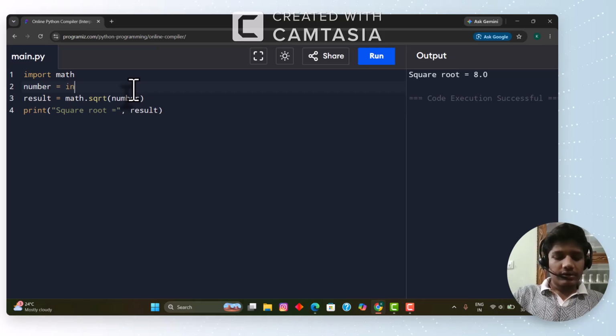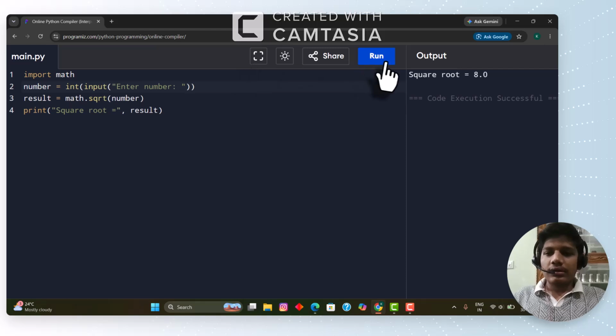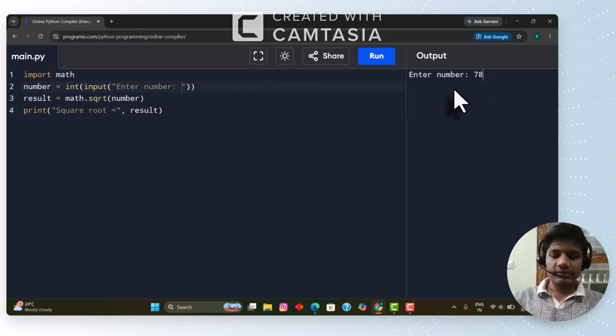Like this, for example, take it as an input: enter number. After running it, it will ask for the number. For example, 78.